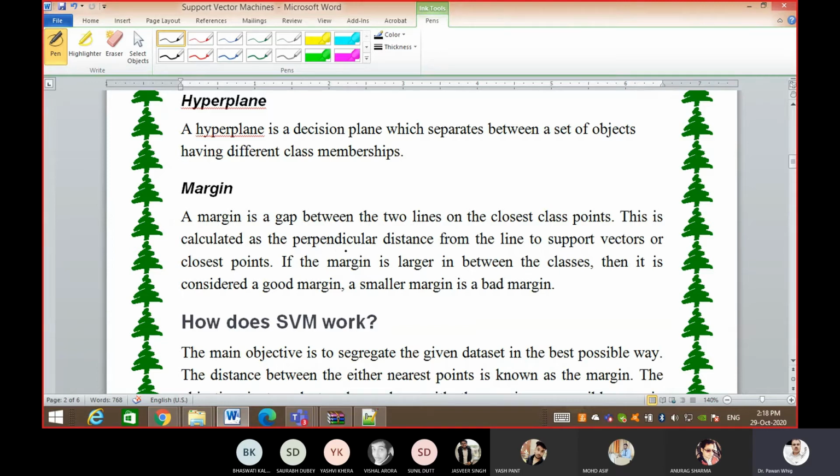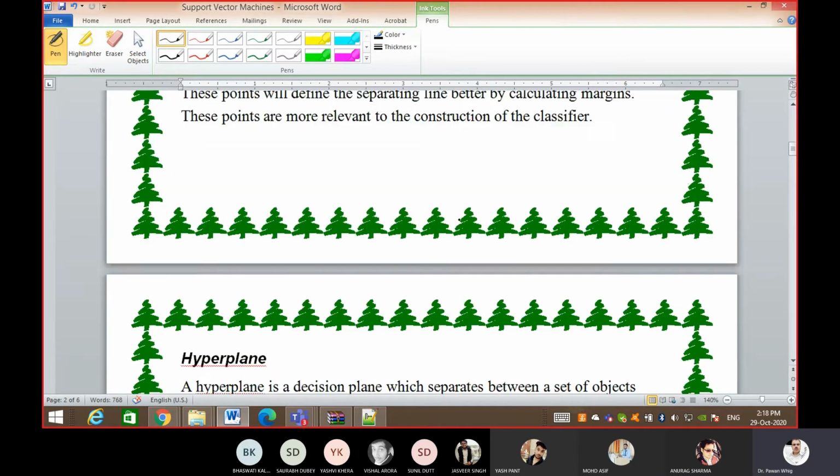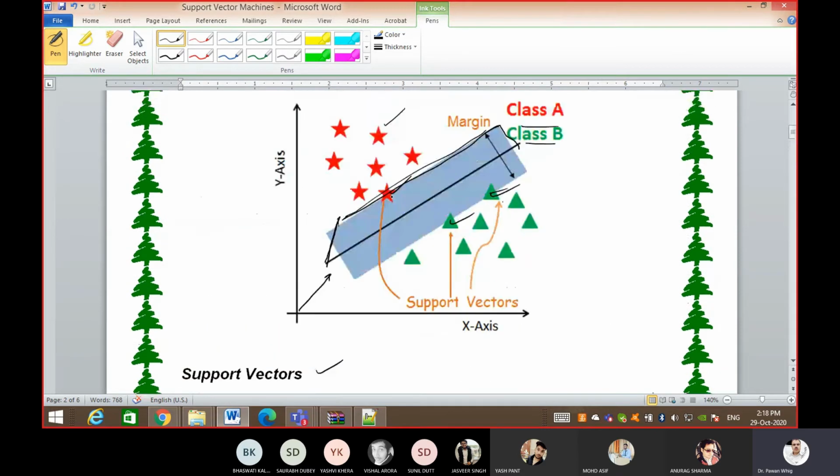It is calculated as the perpendicular distance from the line to the support vectors or the closest point. The line at the center is the plane, and the distance from this center to the closest point is what we call the margin.